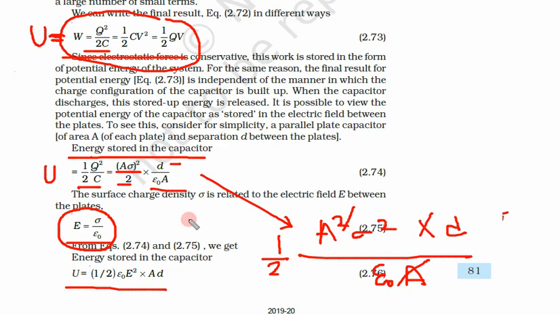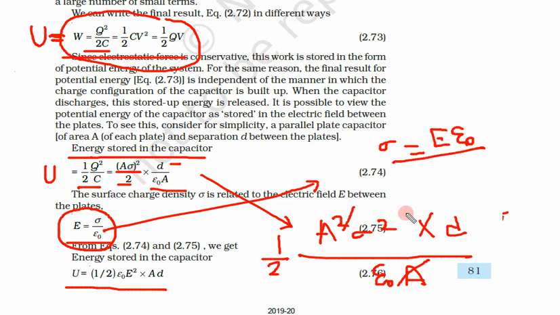Now let us put the value of sigma from this equation. What is sigma? Sigma is simply E epsilon naught. So what would be the value of U? U is equal to 1 by 2 A, let us take this D here as well, sigma square, E square epsilon naught square, and one epsilon naught is in the denominator.